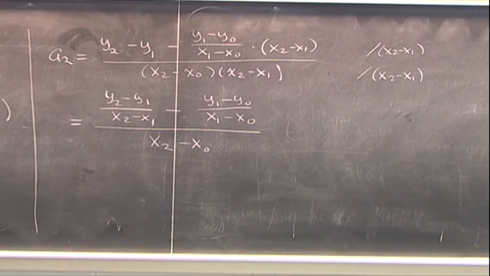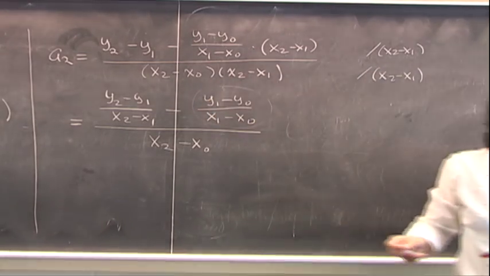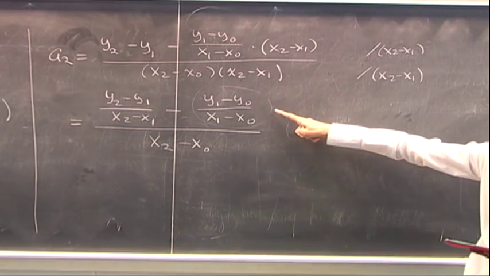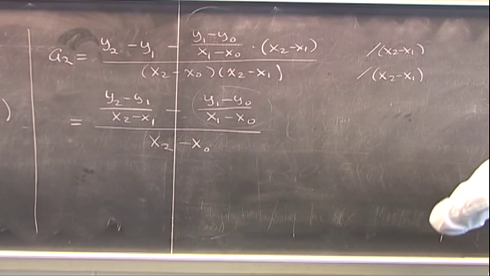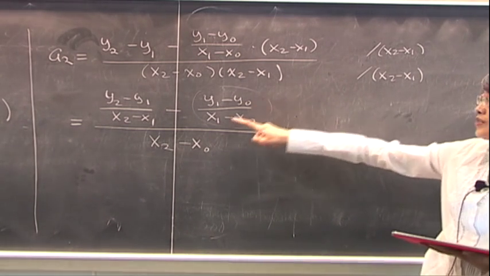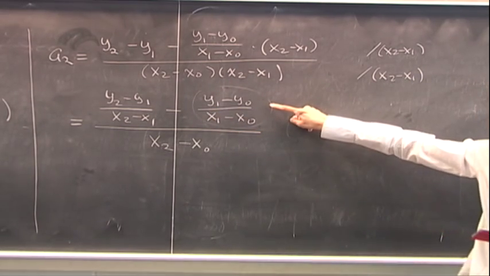Is it okay? This is algebra. But you need to know what form you want to arrive at. You want to write it in this specific form. So let's look at it. What do we have here? So what is the meaning of this term, for example? This term is the term by the first two data points, right? x0, y0, x1, y1. If I compute this expression, what do I get?